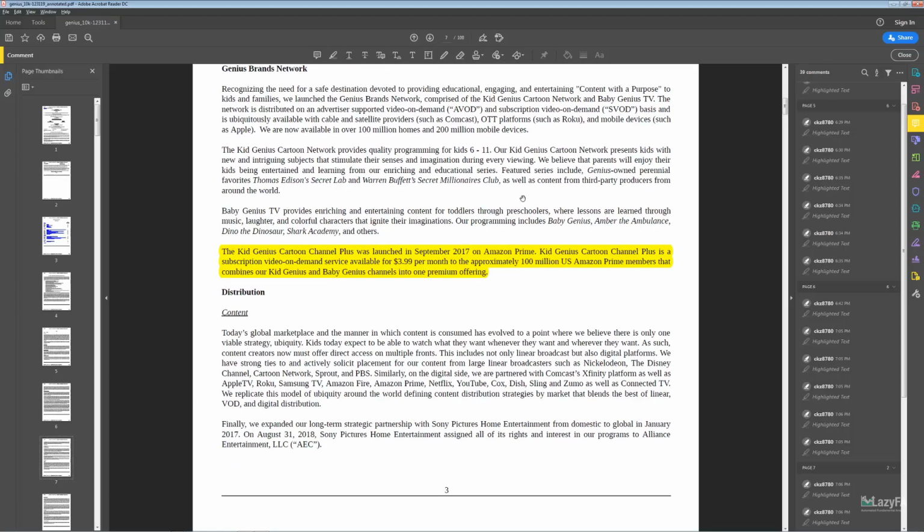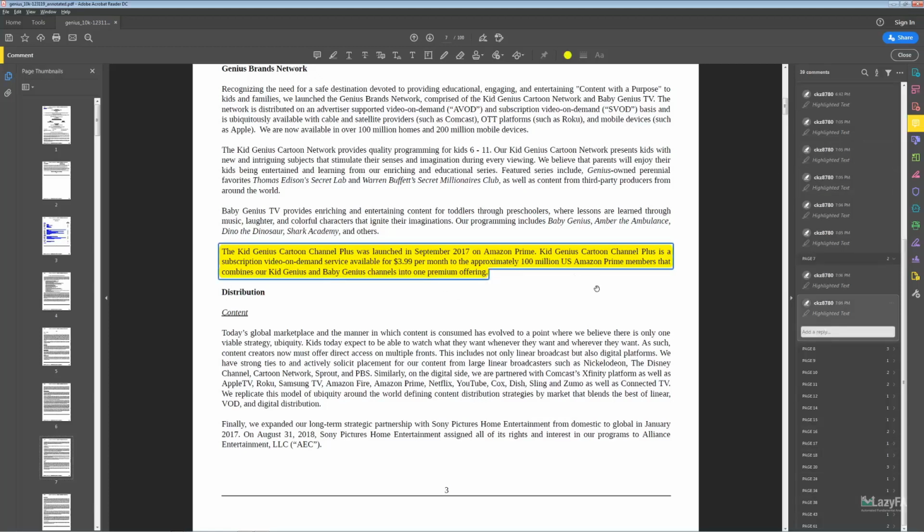They launched this in September on Amazon Prime, and it's a subscription service that they sell for $3.99 a month to supposedly up to 100 million US Amazon Prime members. Who knows how many of them are actually paying for it? There's probably more information about that further into the report.